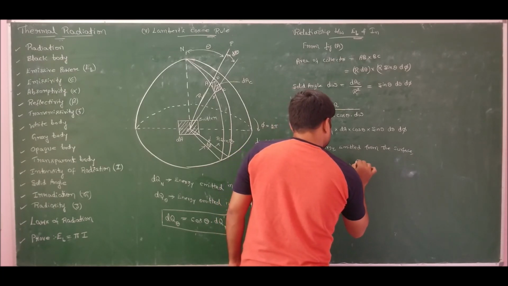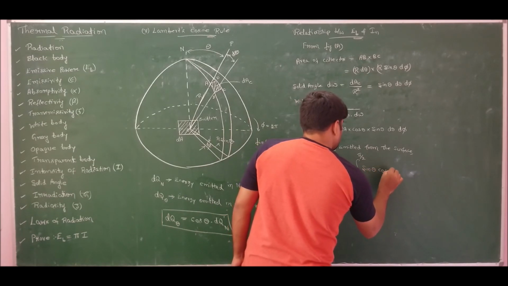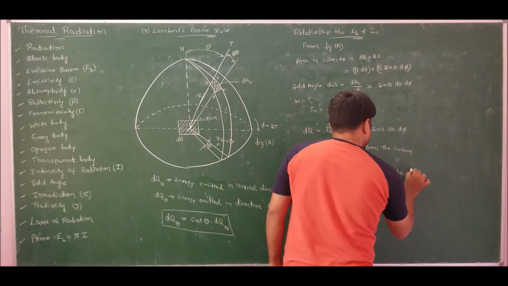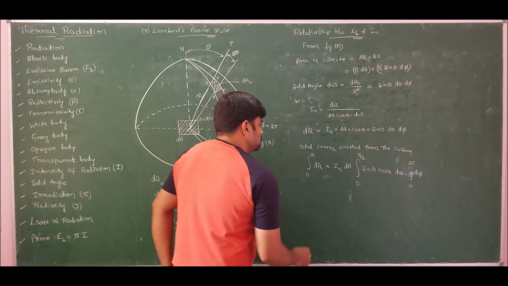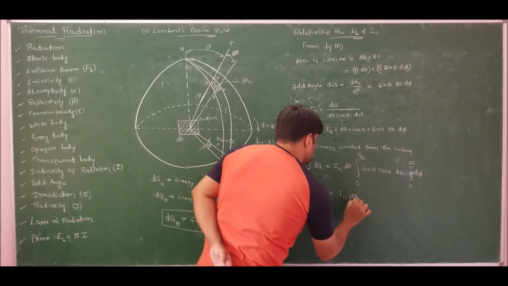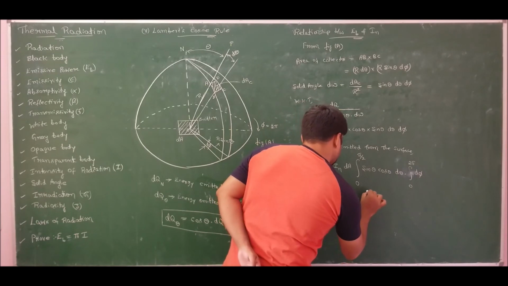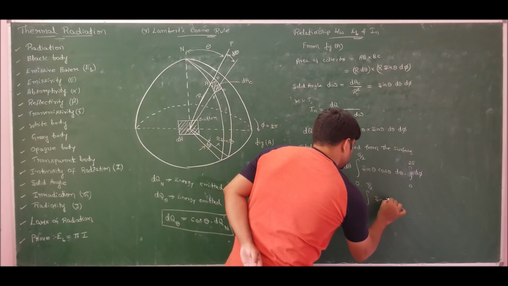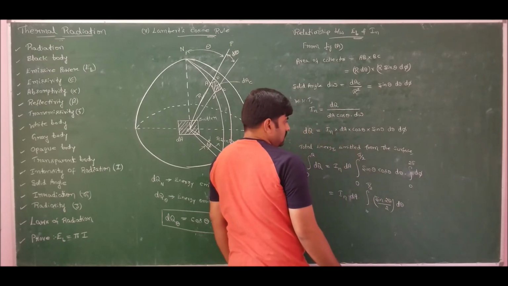Now theta varies from 0 to pi by 2, that is 90 degrees. We have sin theta cos theta d theta, into phi varying from 0 to 2 pi, d phi. If I solve, I will get intensity of radiation into dA. So this I should write as the integral from 0 to pi by 2 of sin 2 theta by 2, because sin 2 theta is 2 sin theta cos theta.